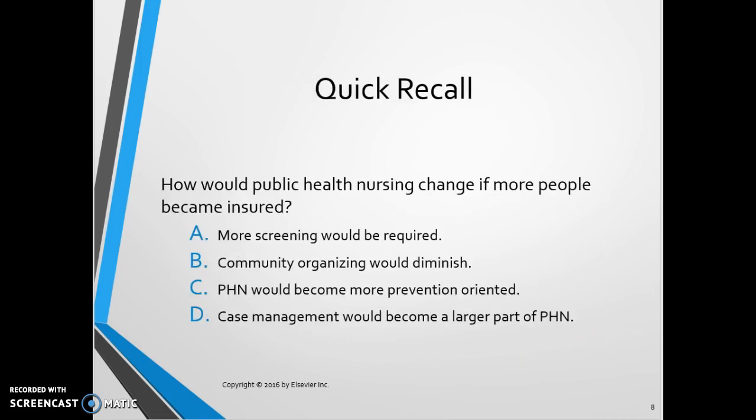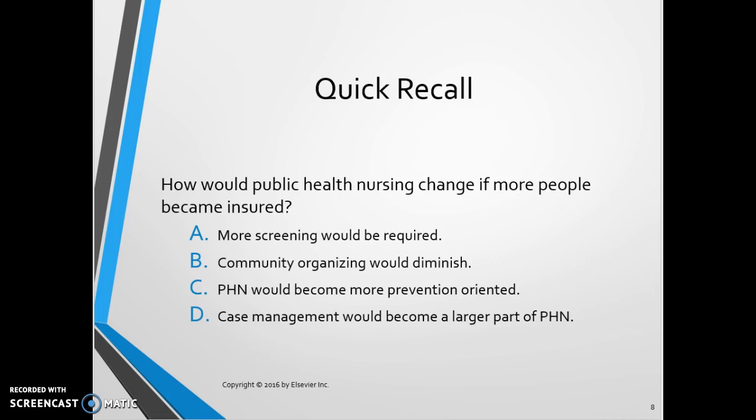Let's do a quick recall. How would public health nursing change if more people became insured? If more people became insured, more screening would be required, community organizations would diminish, public health nursing would become more prevention-oriented, and case management would become a larger part of public health nursing.